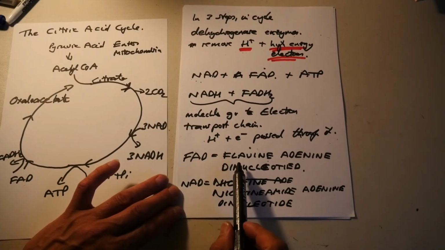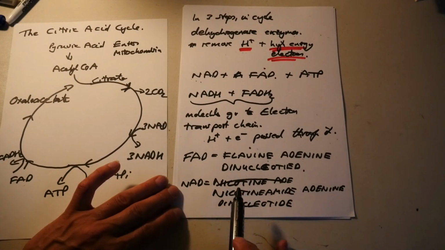That's right: flavine adenine dinucleotide and nicotinamide adenine dinucleotide.